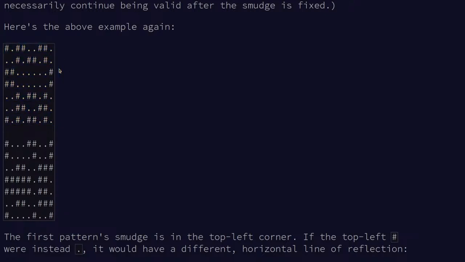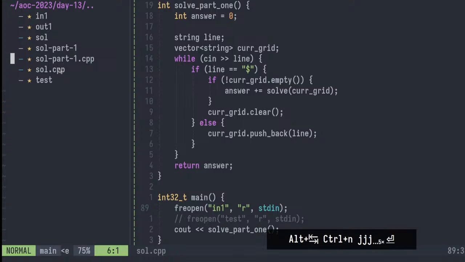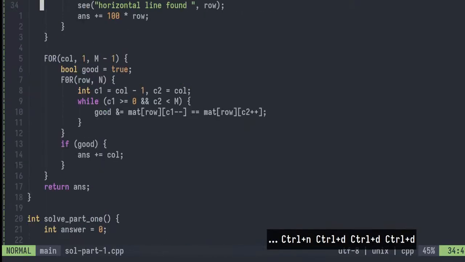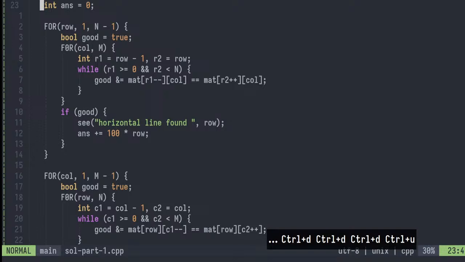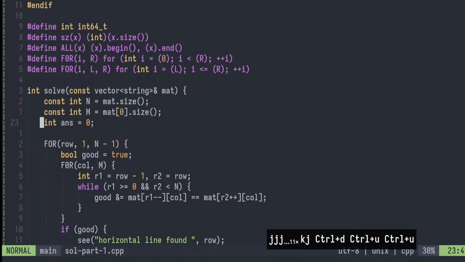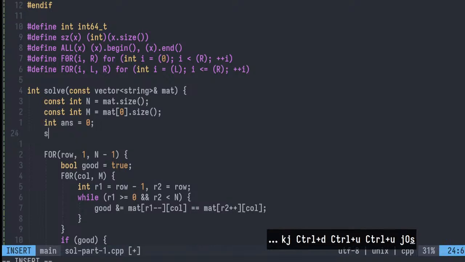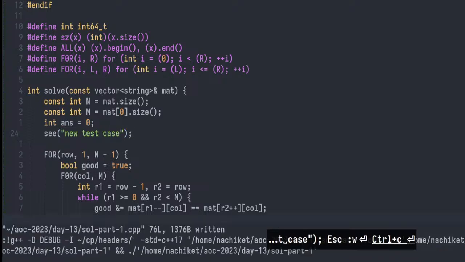So how did we do this in the part 1? So this was for horizontal line found, and let's see, we do new test case so that we check for which test case this would be printed.